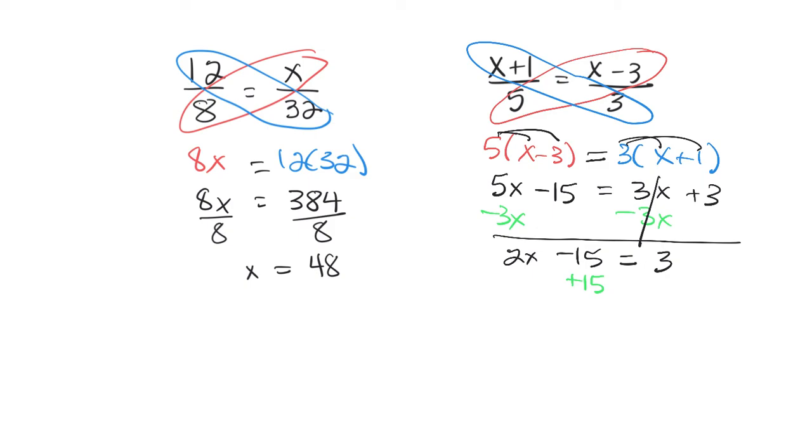That's furthest away from the x that we're trying to find. I have to do that to both sides. 2x equals 18. That's 2 times x, so to get rid of the 2 in front of the x, I have to divide by 2, and I'm left with, because 2 divided by 2 is 1, 1x equals 9.